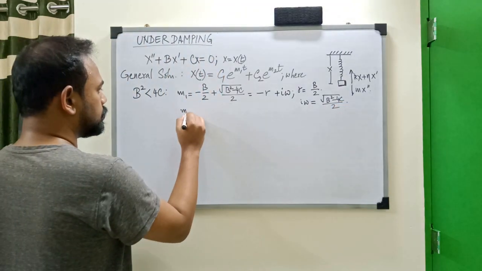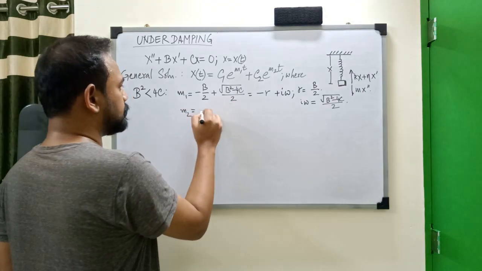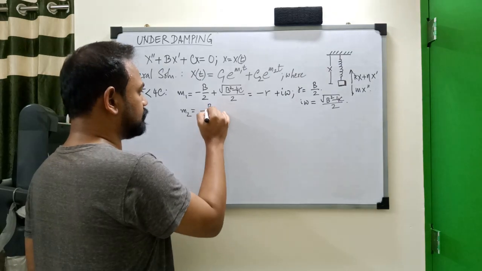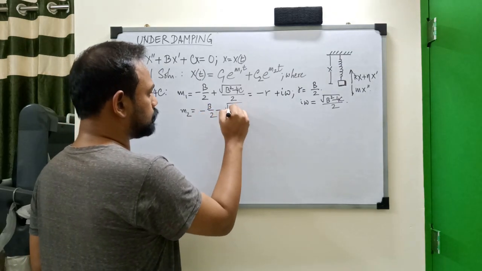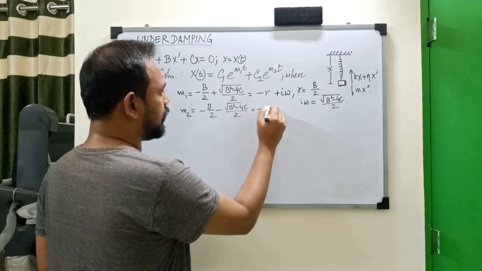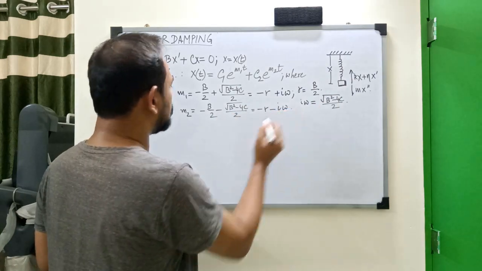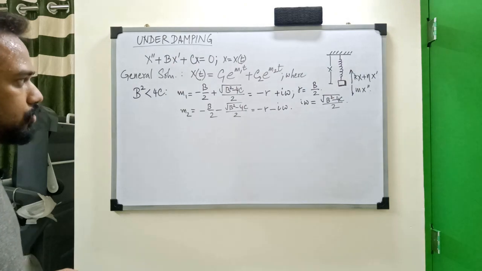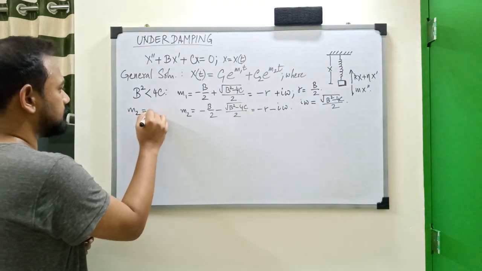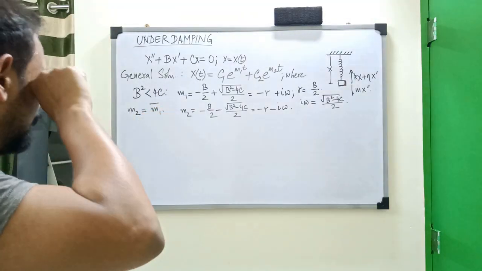Similarly, m2, which had the negative square root, will become minus r minus this quantity, which is i omega. So in other words, m1 and m2 are complex conjugates. m2 is the complex conjugate of m1. Okay, right.